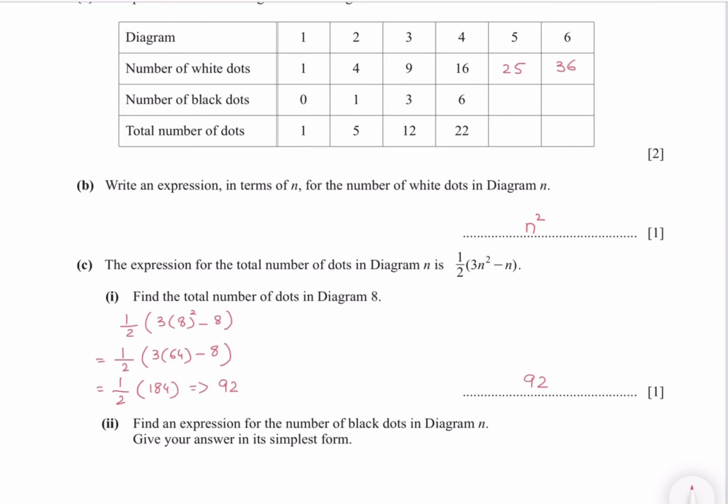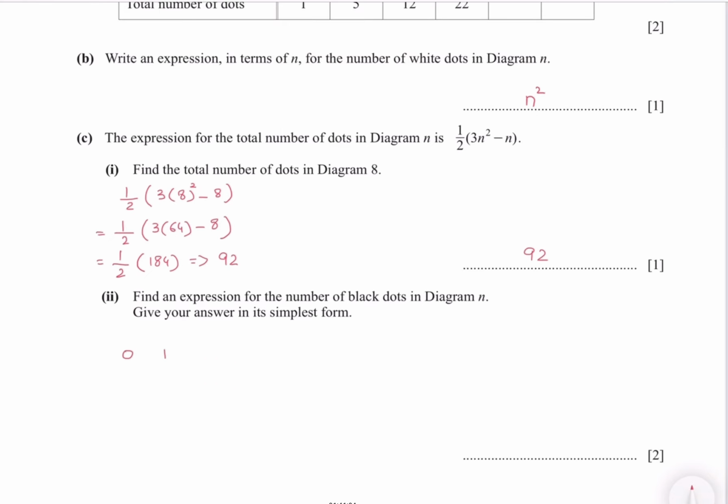0, 1, 3, 6. Let me tell you a little lengthy method, but it is a very accurate method. So this is your sequence, and the n's are 1, 2, 3, 4. So find the difference. 1 minus 0 is 1, 3 minus 1 is 2, and 6 minus 3 is 3.